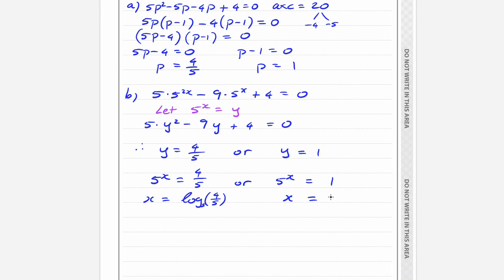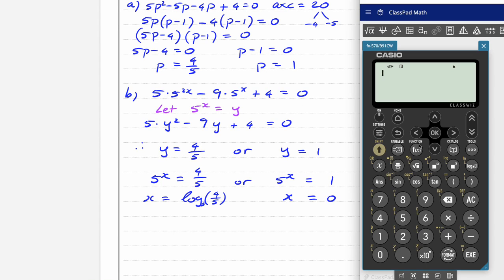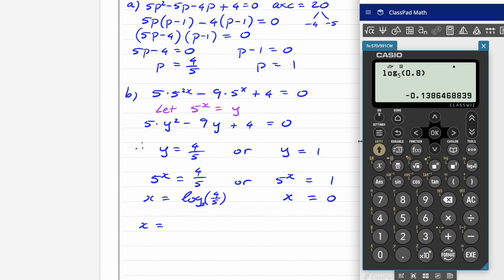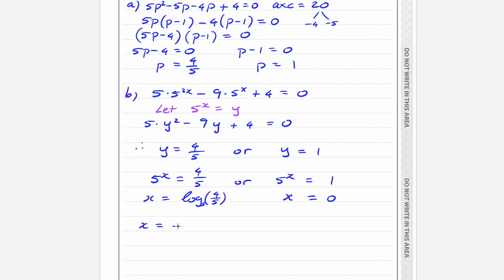And then this one, log base 5 of 4/5, or 0.8, and I get negative 0.1386. So x equals negative 0.1386, or x equals 0. Okay, that is, guys, I think part B.